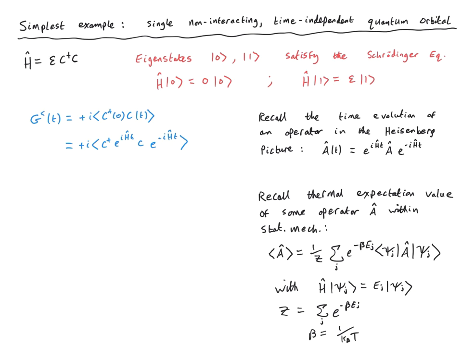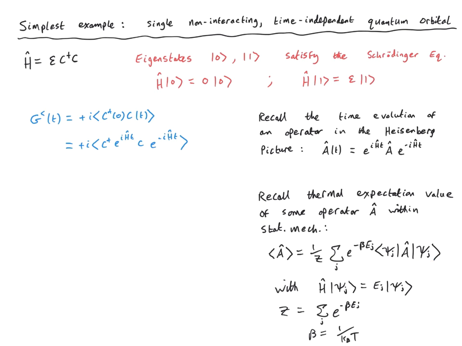Now, we should recall that the thermal expectation value of some operator A hat within statistical mechanics is given by 1 over Z times the sum over eigenstates j times the Boltzmann weights e to the minus beta Ej times the matrix element of the operator A sandwiched between the eigenstates psi j.